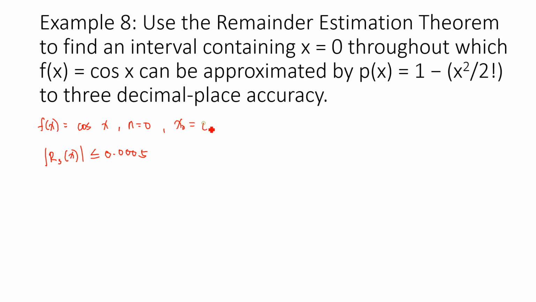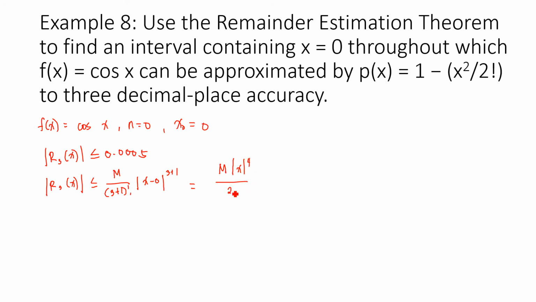So in this case, the absolute value of r sub 3 of x is less than or equal to m over the quantity 3 plus 1 factorial, times the absolute value of x minus 0 raised to 3 plus 1, which is equal to m times the absolute value of x raised to 4 over 24.